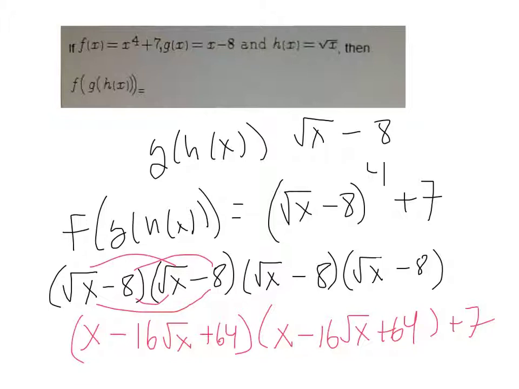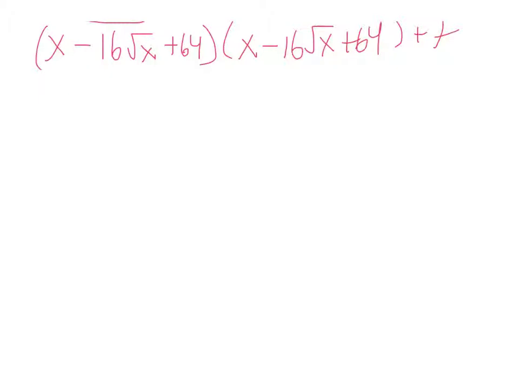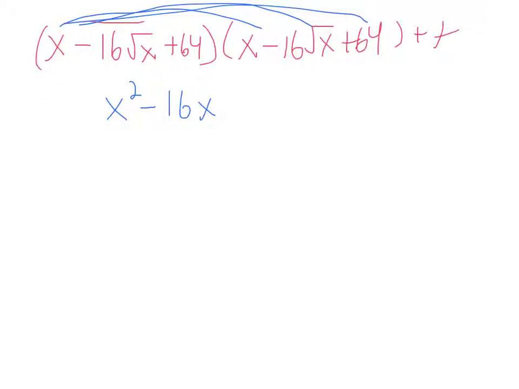Okay, so now we've got to expand that bottom part. So when I'm expanding polynomials, what I like to do is I just like to distribute everything through and then line them up. So that'll become x squared minus 16x root x plus 64x. That's the first one.